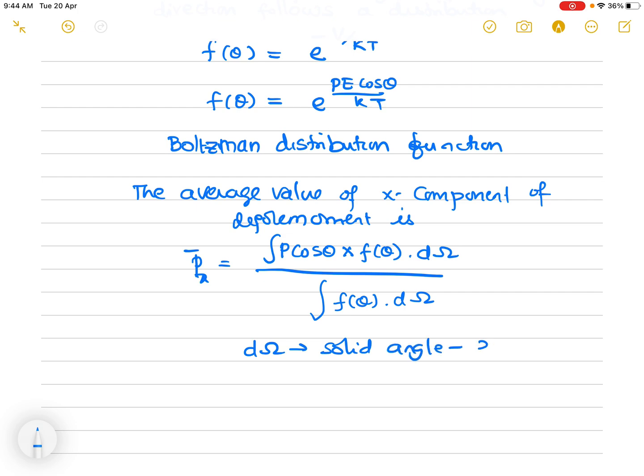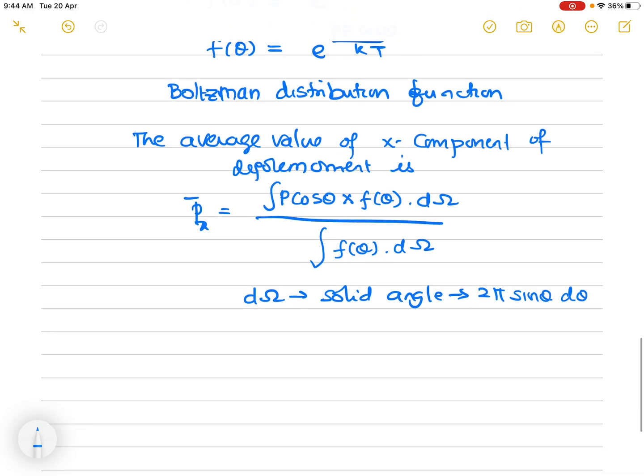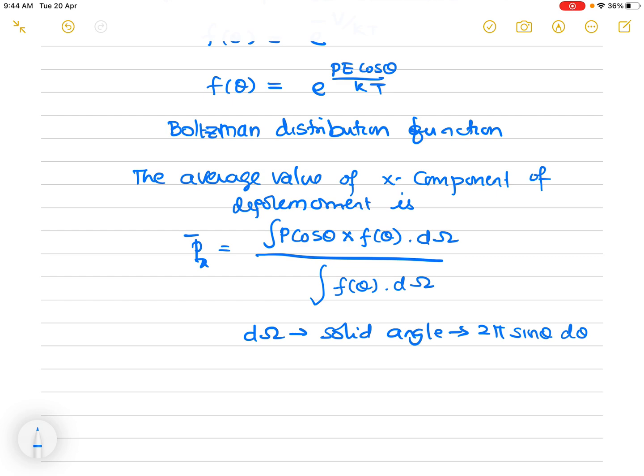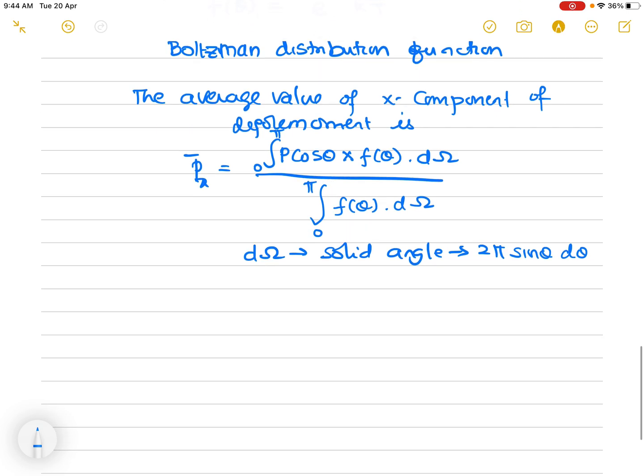So here we put 0 to pi, basically 0 to pi. So we rewrite this: px is equal to integral 0 to pi p cos theta into e power pe cos theta by kt into 2 pi sine theta d theta, divided by integral of 0 to pi exponential of pe cos theta by kt 2 pi sine theta d theta.